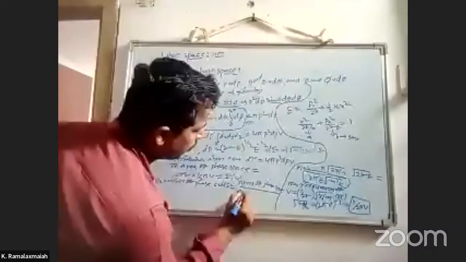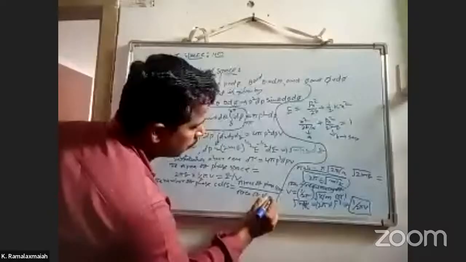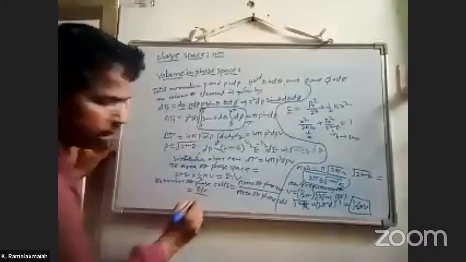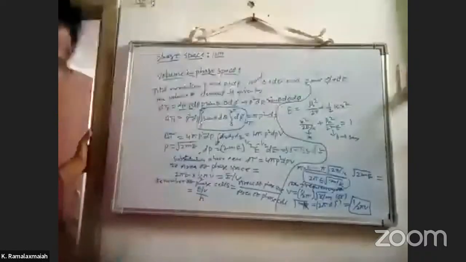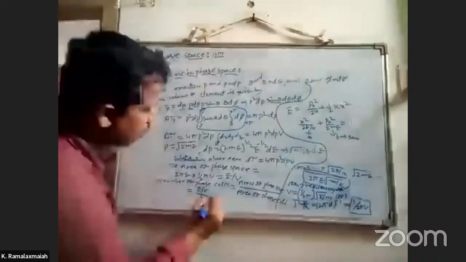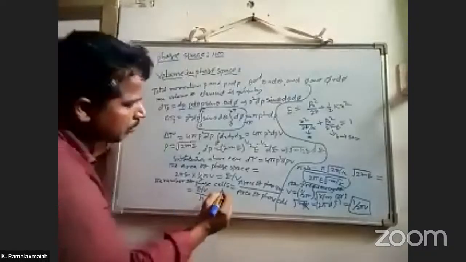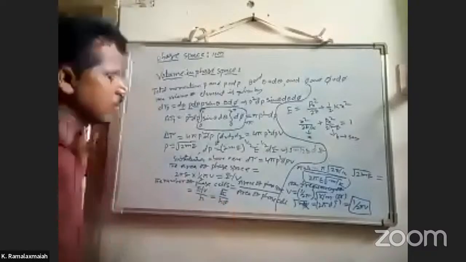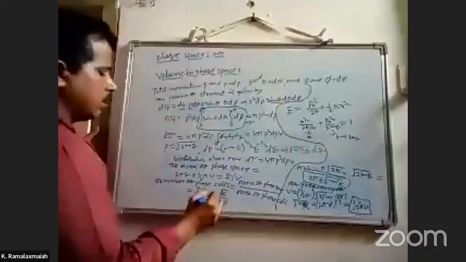The area of a phase cell is h. So that is E by v divided by h, which is E by h v.